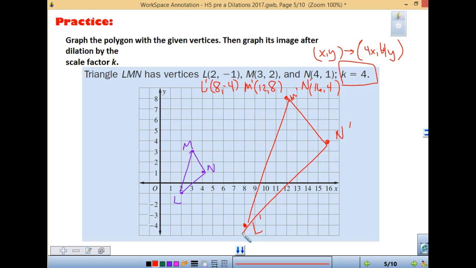If I would take and measure angles going around there, I should find that the measure of angle N is equal or congruent to the measure of angle N prime. These two should be the exact same angle. And if I look at that going out from, in this case, the origin, I should see that it is quadruple, right?